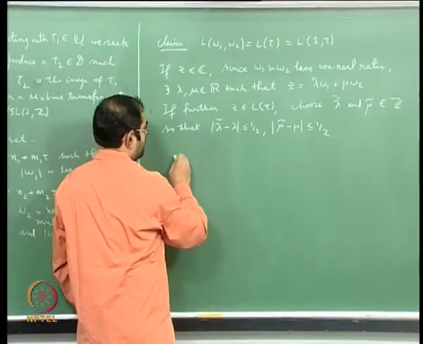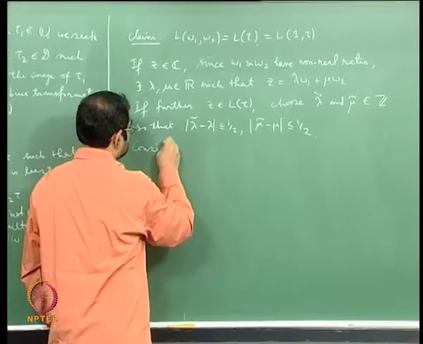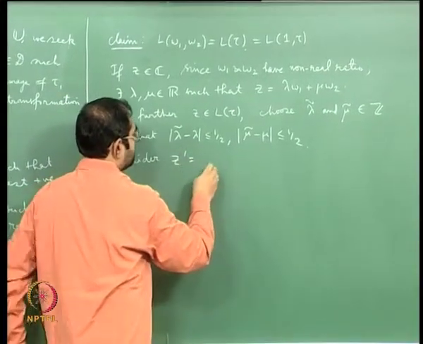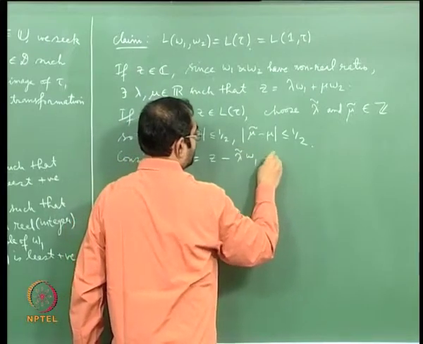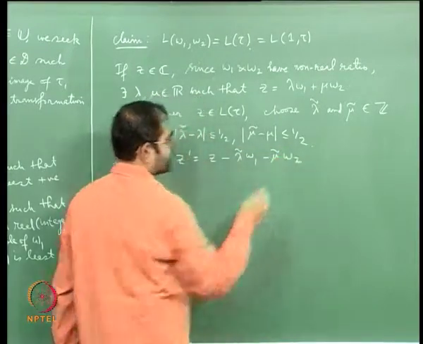Now consider z prime to be z minus lambda tilde omega 1 minus mu tilde omega 2. Look at this element.